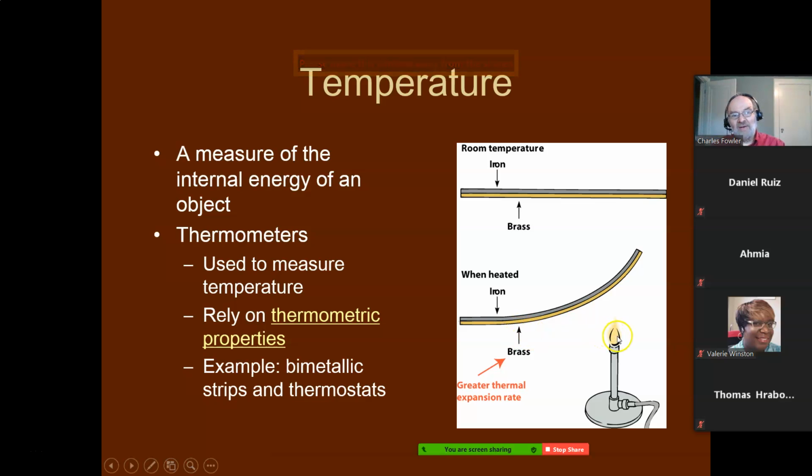And if you put that under heat, at room temperature you have a flat strip. Put it under heat, and what happens is the brass expands more quickly than the iron does. Iron expands more slowly. So therefore the difference between those is going to bend it upward. Now if they expanded at the same rate, it would stay flat, but they don't. Iron expands more slowly, brass more quickly, and it bends it up.